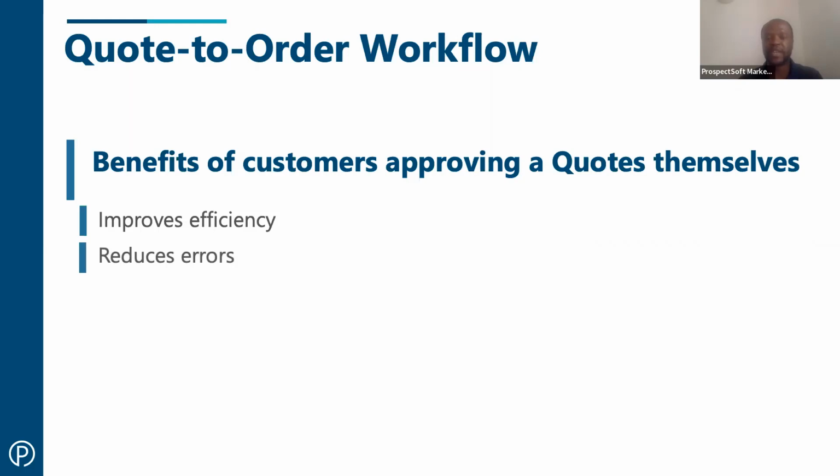Customers can actually see the quote, they can actually review, they can actually come back to you with any questions before they either approve or decline. And it just makes life a lot more streamlined. You know, if they need to put in a PO number, they can do that directly on the approval page themselves.